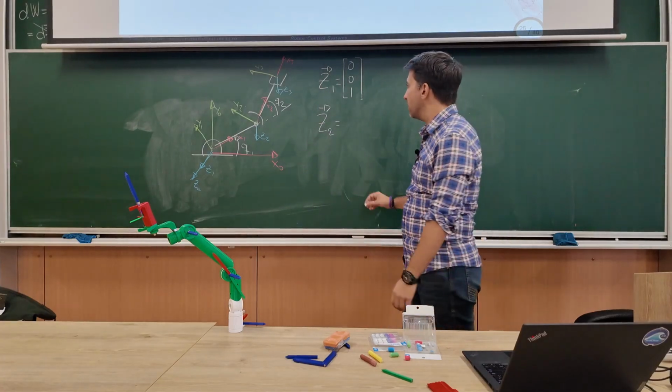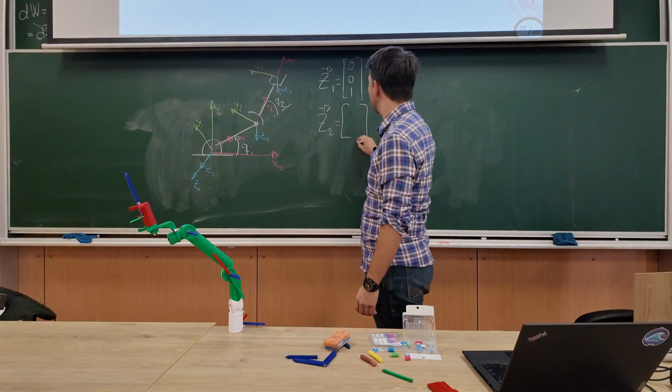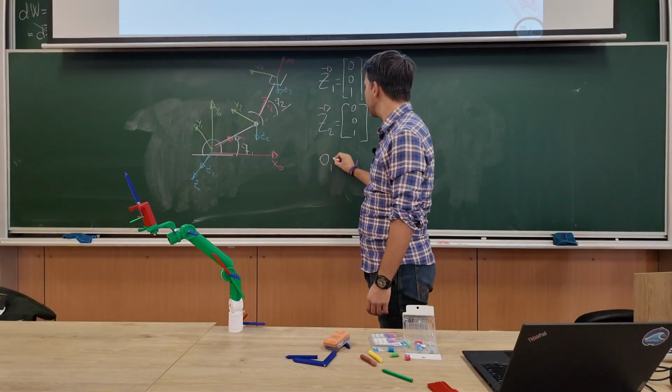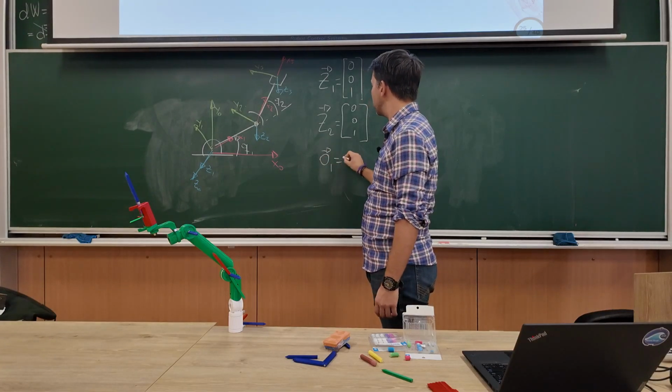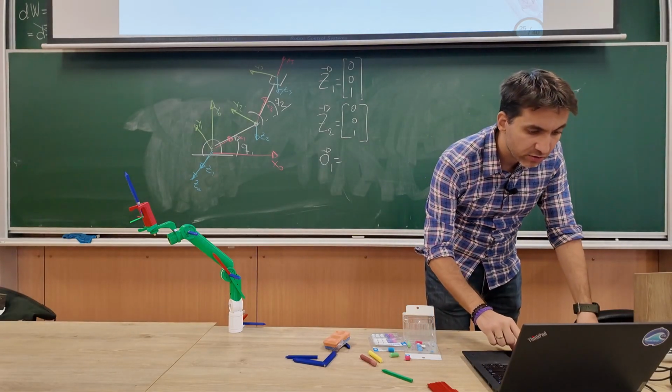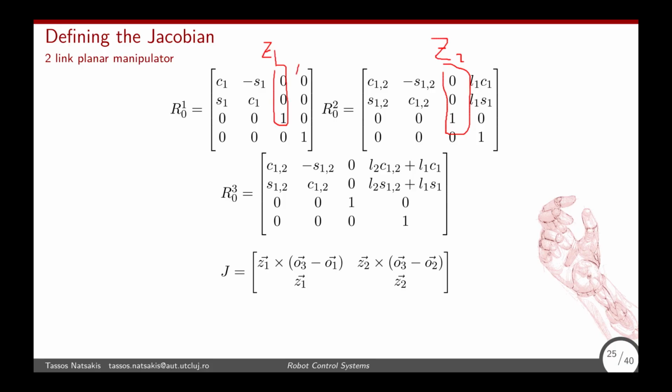All right, what is O1 vector? 0, 0, 0. Which 0, 0, 0? This one here. This is O1.